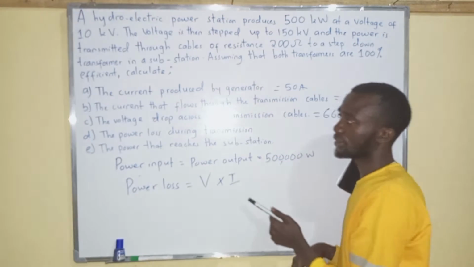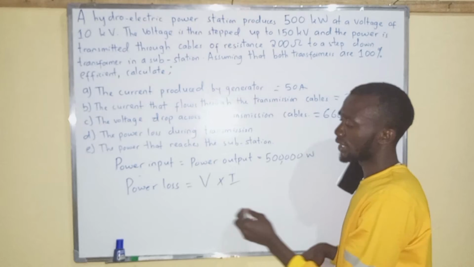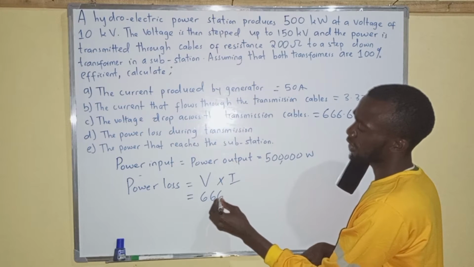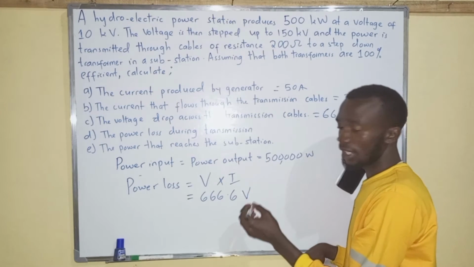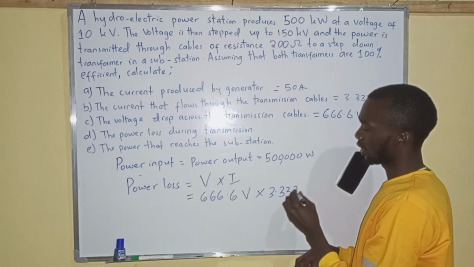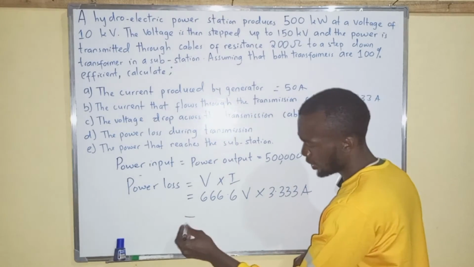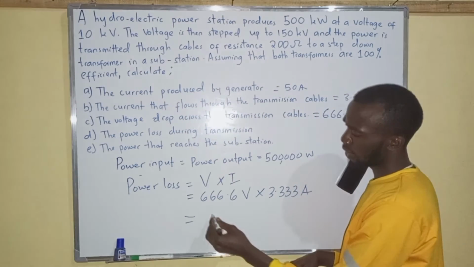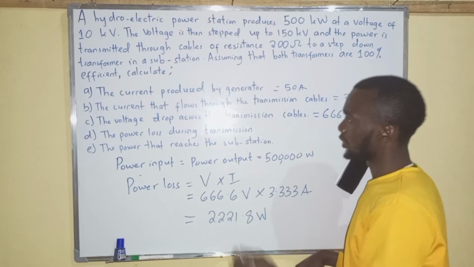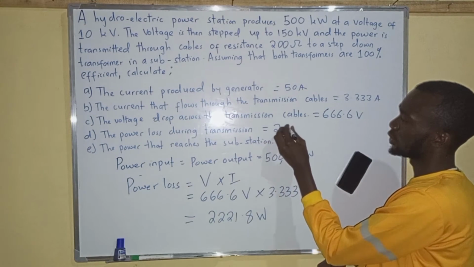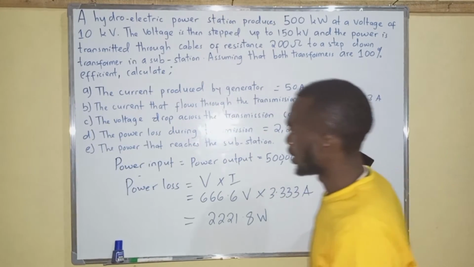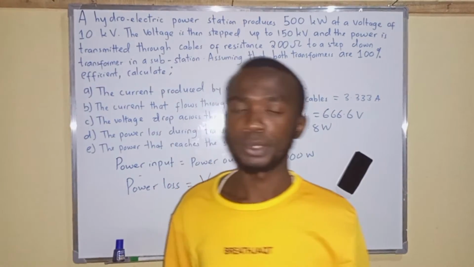The voltage drop is 666.6 volts, and you multiply by the current in the transmission cable, which is 3.333 amperes. The power loss in the transmission cable is 2221.8 watts. That is the power lost by the transmission cable.